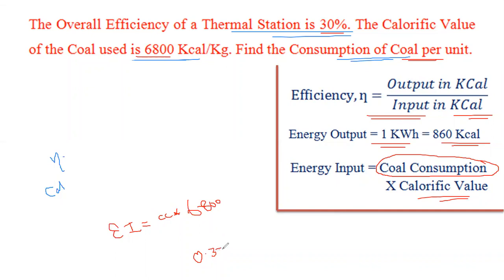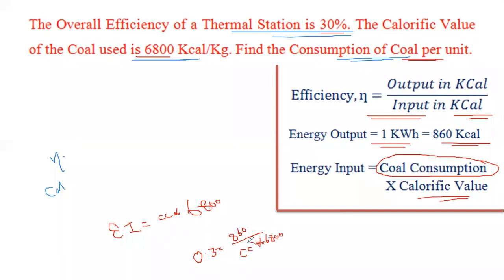0.3 equals output in kilocalorie, that is the energy output, 1 kWh equal to 860 kilocalorie, by the energy input, that is the input in kilocalorie, which is nothing but the coal consumption into the calorific value of 6800.